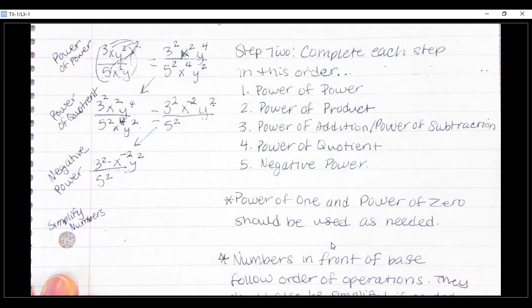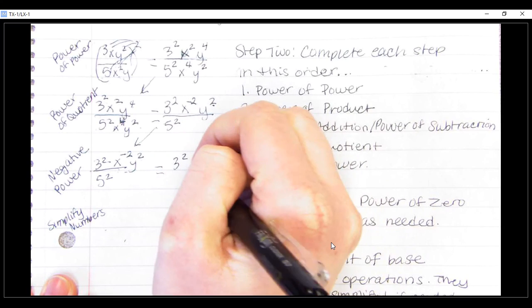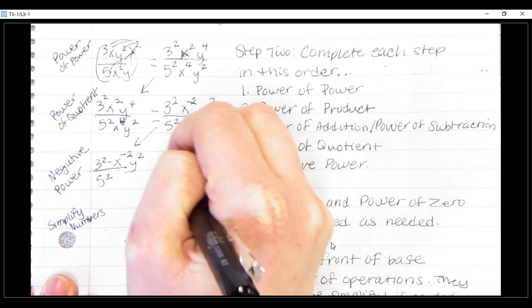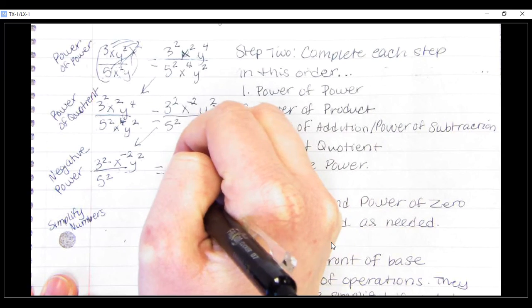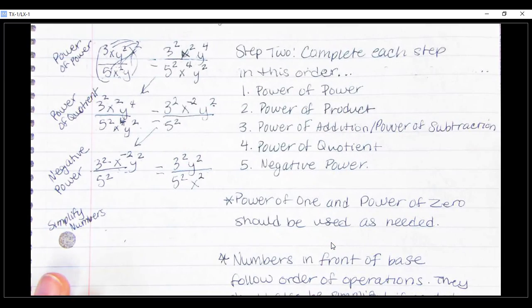So I'm going to use the negative power rule, which tells me that any negative power, I need to kick down to the bottom of that fraction and make that power a positive. So I have 3 squared y squared all over 5 squared x squared.